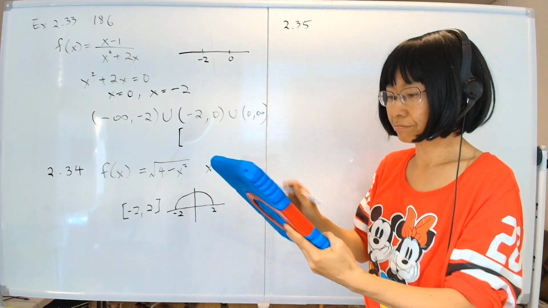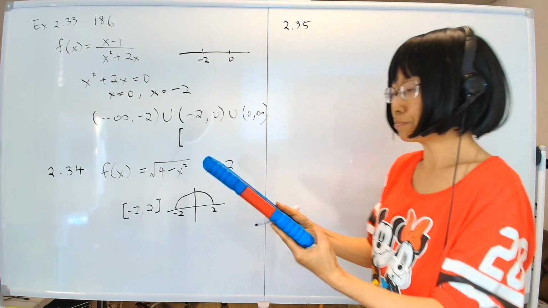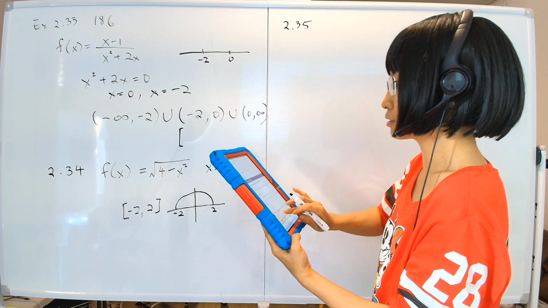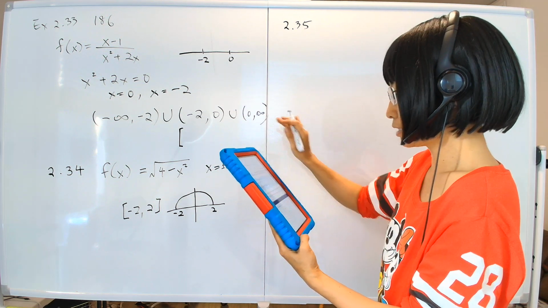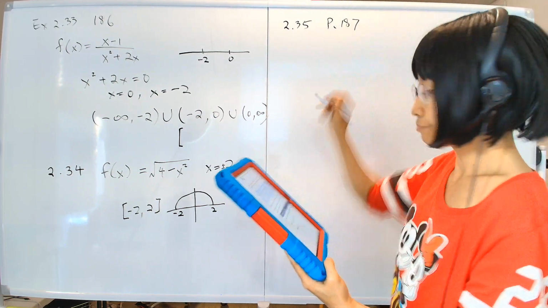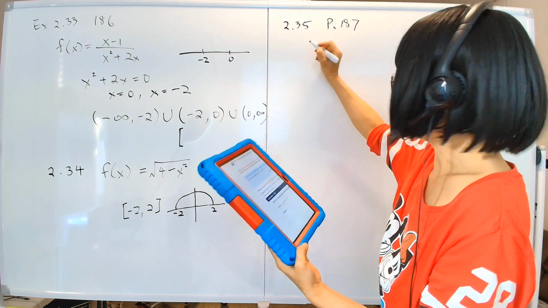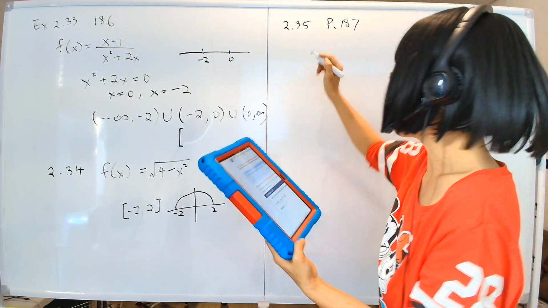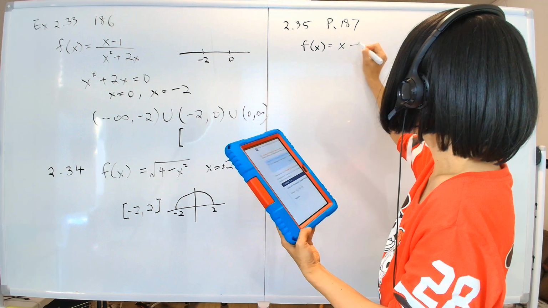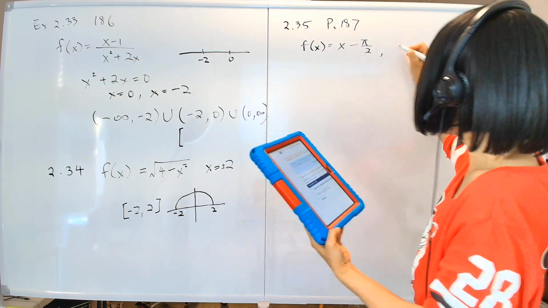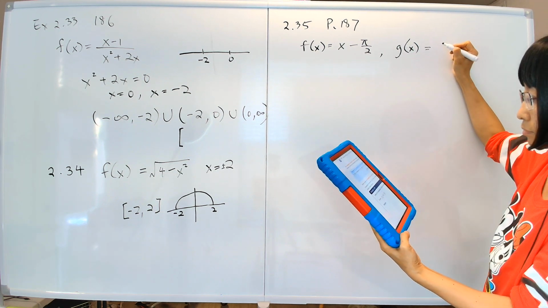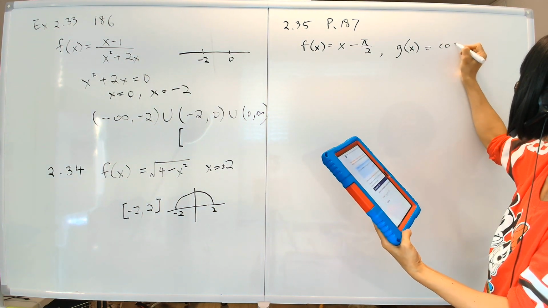They call this a composite sine function. So you have two functions in 2.35, on page 187. It doesn't even tell you that, but the point is you have two functions, f of x equals x minus pi over 2, and g of x equals cosine x.